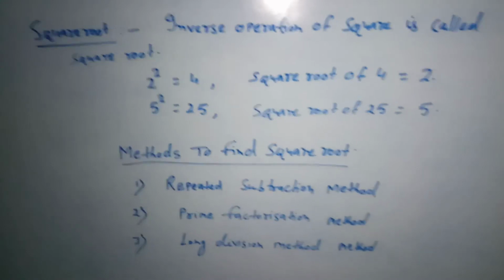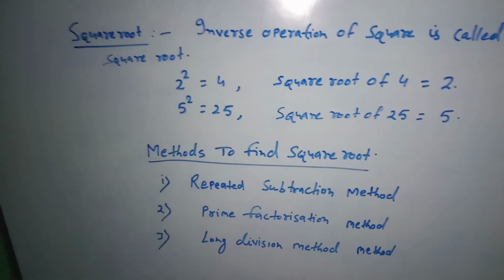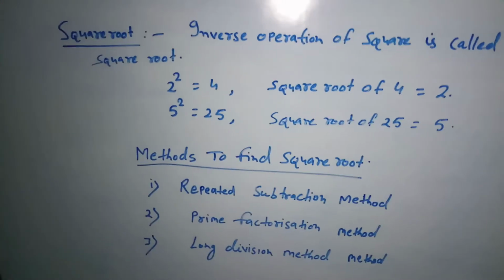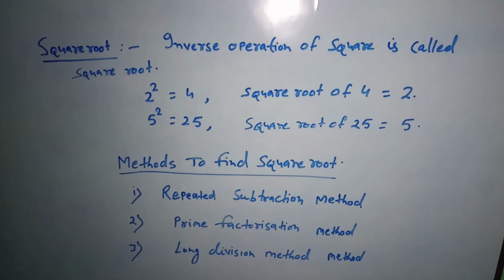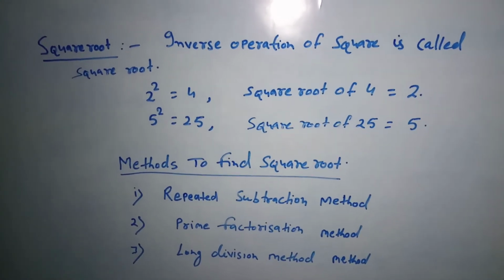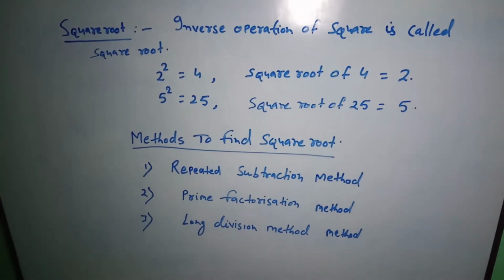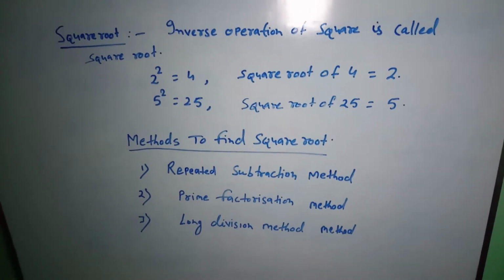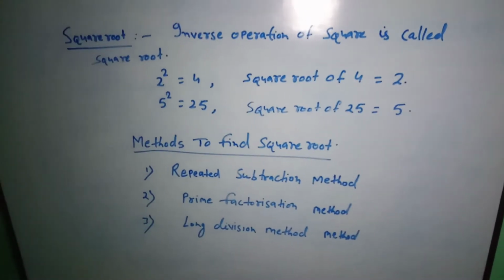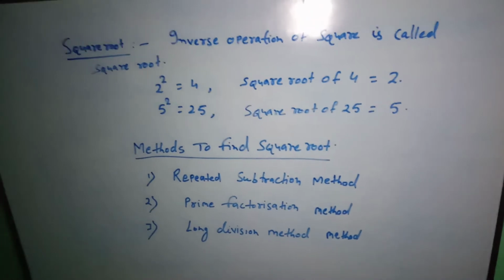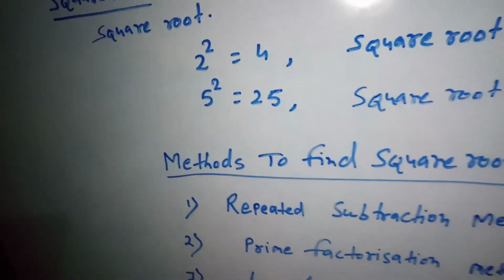Understood? Now the methods of finding the square root. There are 3 methods to find the square root of a given number. The first method is the repeated subtraction method. The second method is the prime factorization method, and the third method is the long division method.